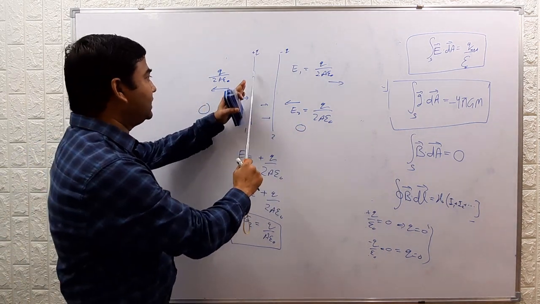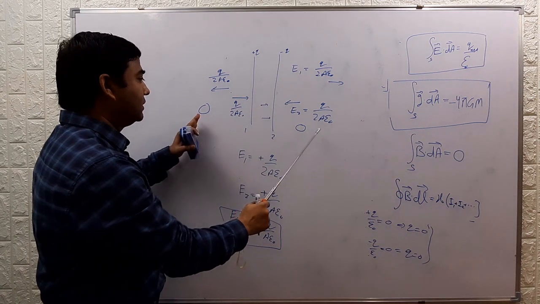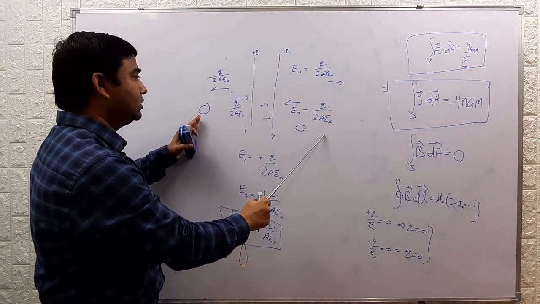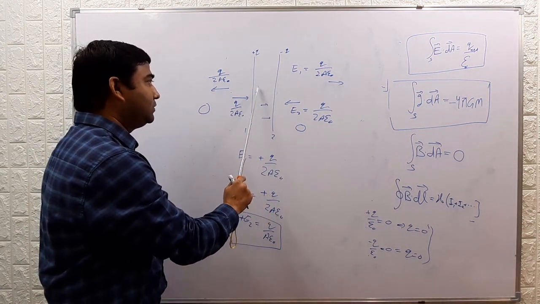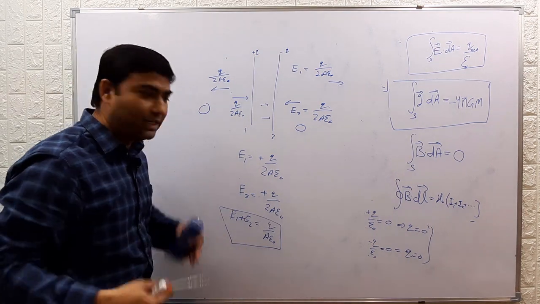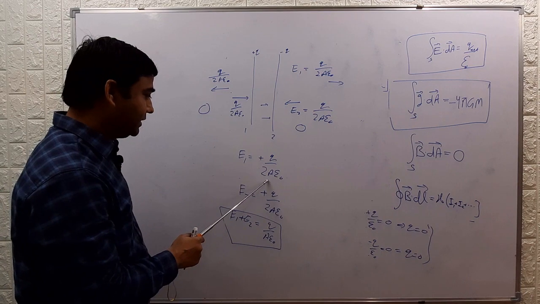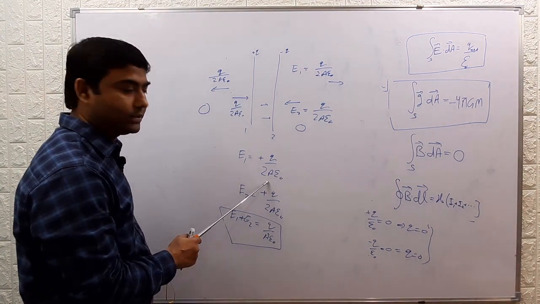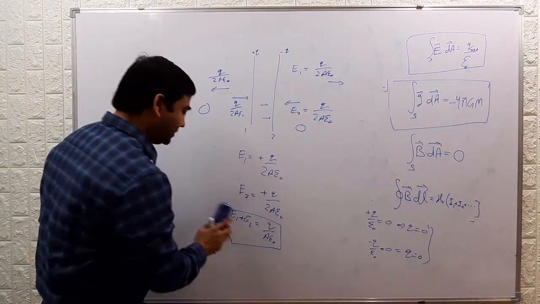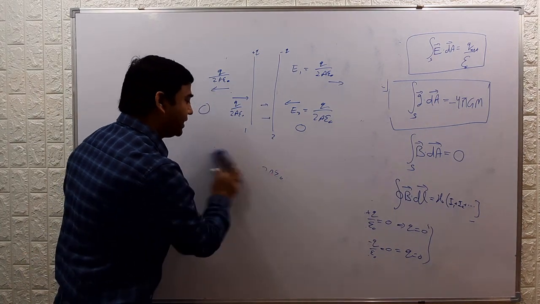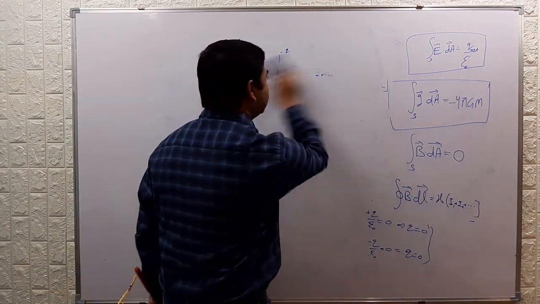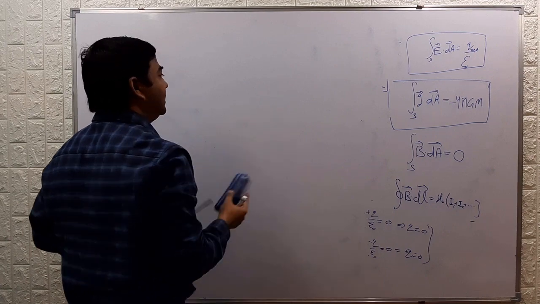So for these two plates with plus q and minus q charge, field in the outer region will be 0, and field in between these plates will be twice the field created individually by every plate. So these are different cases. You can yourself make other cases also, how the charge will distribute, how the field will be there, etc.